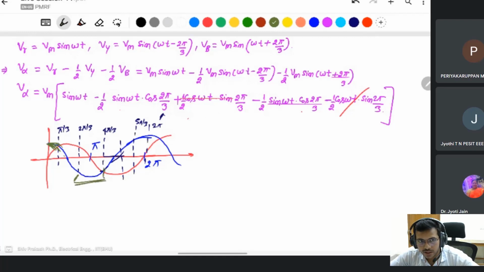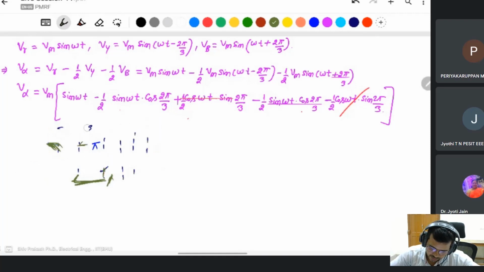In both conditions, cos will be negative. Cos 60 is 0.5, then cos 120 is minus 0.5, and cos 240 is also minus 0.5. This is a negative value. In terms of sine, sine 2 pi by 3 is a positive value, and sine 4 pi by 3 is a negative value. This is sine 120 and sine 240. Okay, leave all of them.